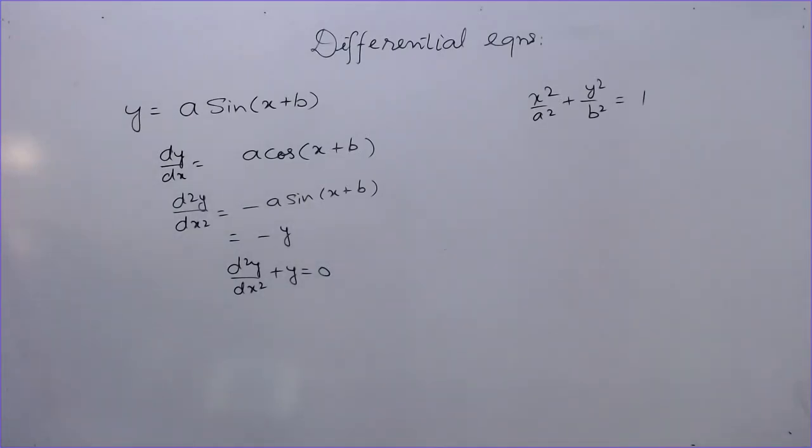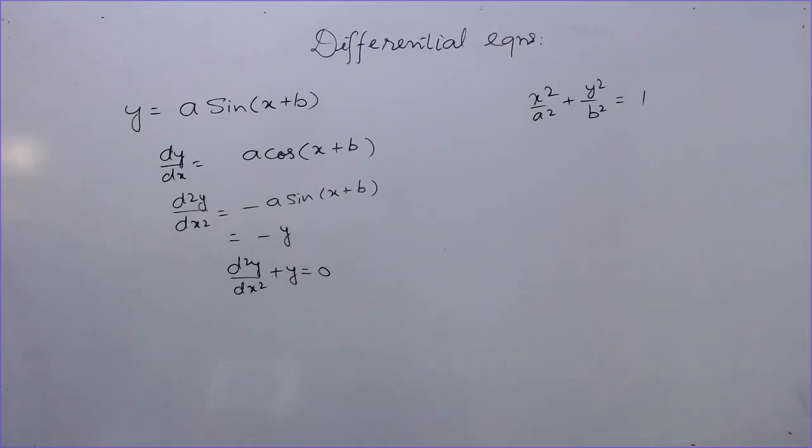and the question is, form the differential equation representing the family of ellipses having foci on x-axis and center at the origin. So this is the equation of the ellipse. For different values of a and b, they represent the family of the ellipses having center at 0, 0 or the origin.